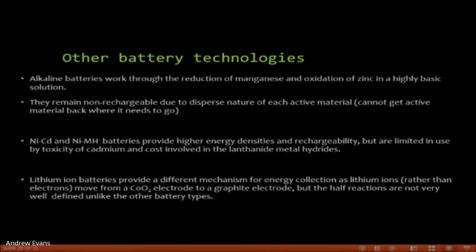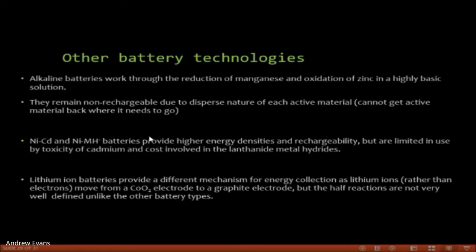They disperse and move away from the electrodes, and so you cannot get them back to where they need to be. That's the advantage of those lead sulfate crystals. They stick, the active material stays in place. In this case, they move away, and so when the batteries discharge, you have a bunch of junk not at the electrodes.